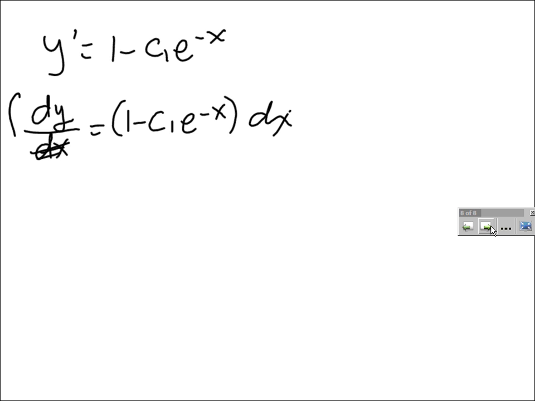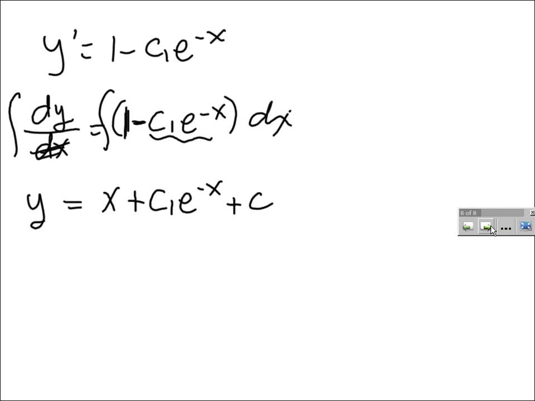The integral of the left side is just y, and now I integrate the right side. The integral of 1 dx is x, minus the integral of this will become plus c1 e to the negative x, plus a constant. And I will call that y sub 2.